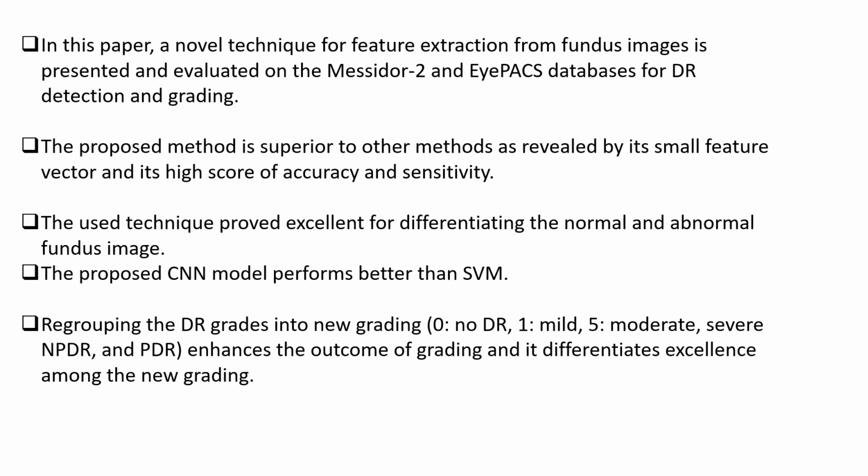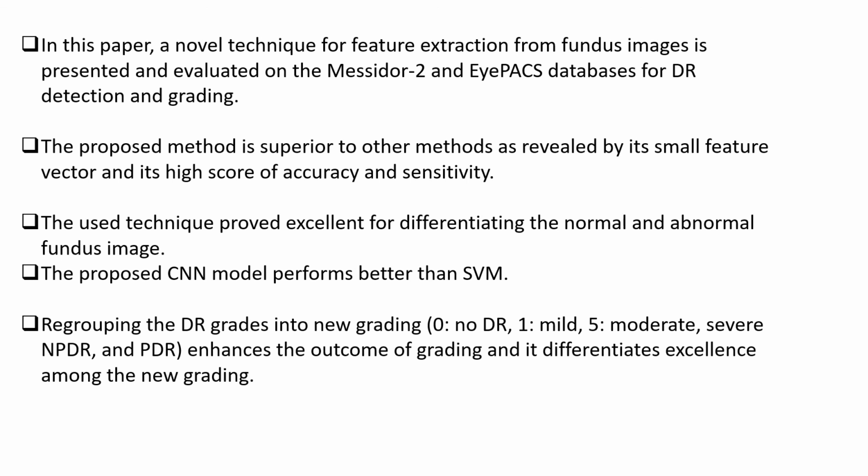As explained, we can conclude that the proposed CNN model performs better than the support vector machine for classifying the extracted features. Our method is superior to other methods, as revealed by its small feature vector.